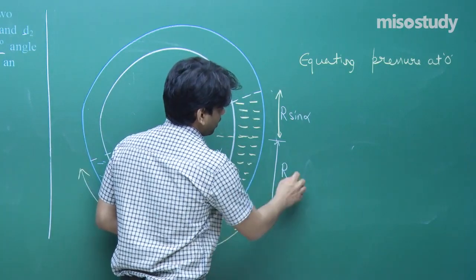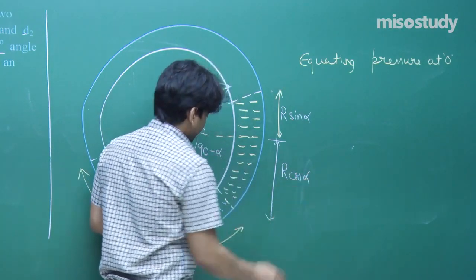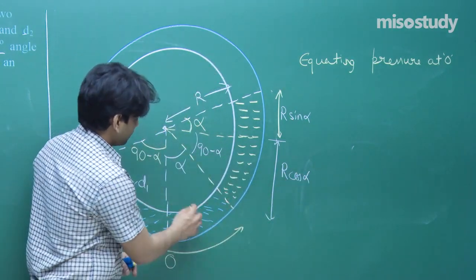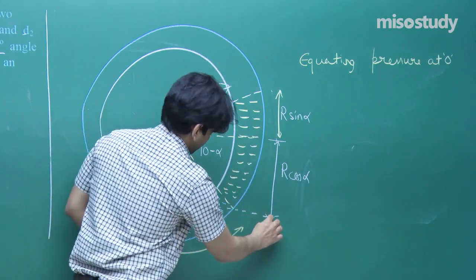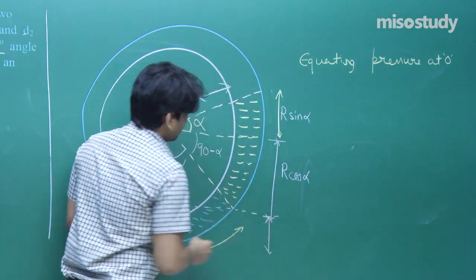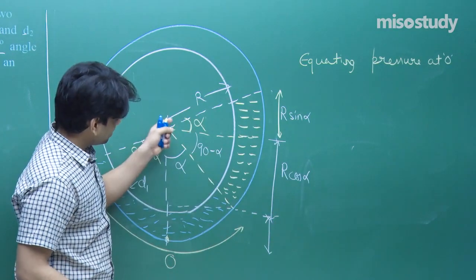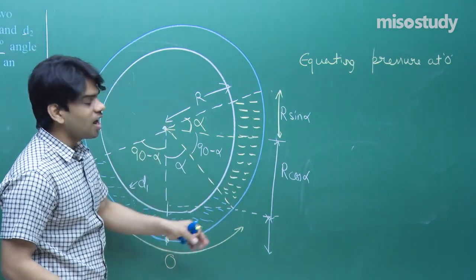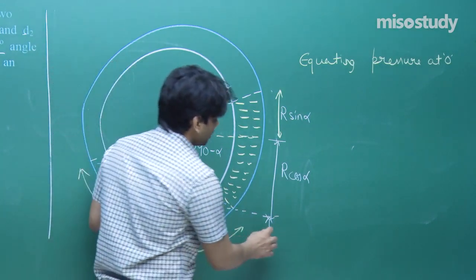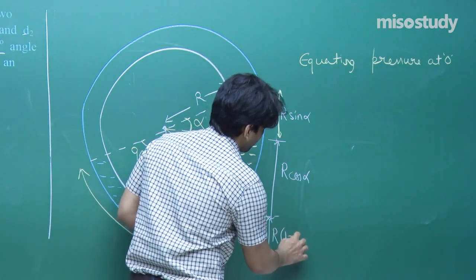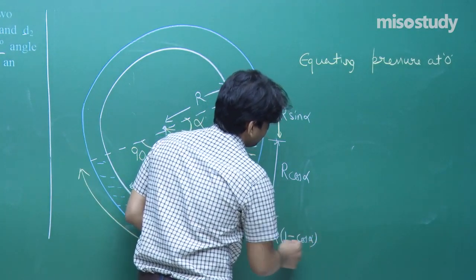Let us write here R cos alpha. Next, now talk about this height. See here, this is R cos alpha, this is entire R, so this height will be R minus R cos alpha. This will come out to be R(1 minus cos alpha).